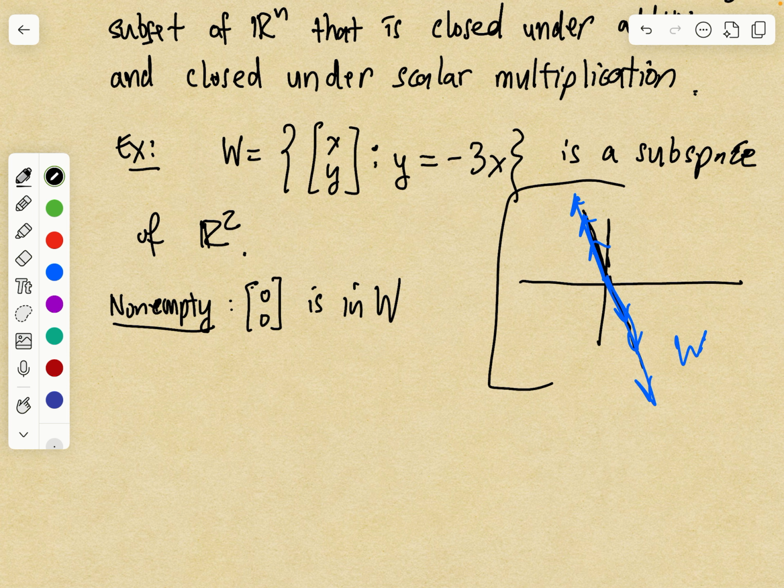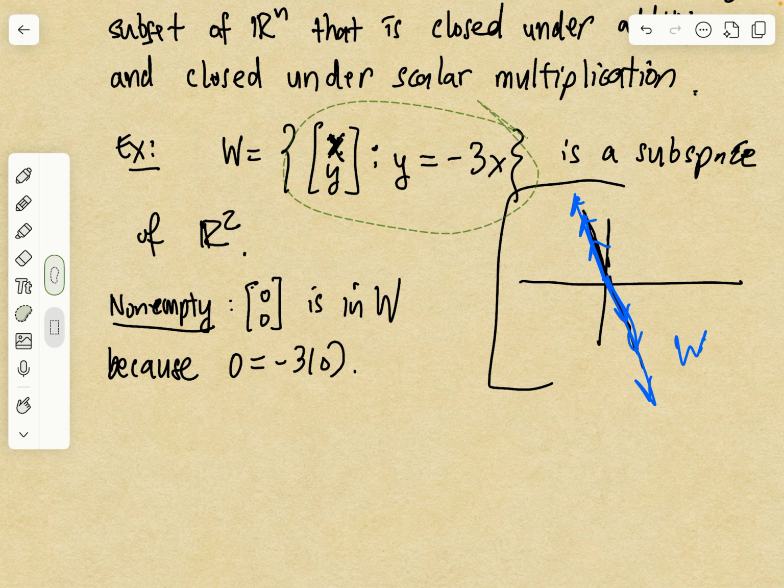How do we know (0, 0) is in W? Because 0 is equal to negative 3 times 0. Remember, part of the skills that you're learning when you're learning linear algebra is reading this notation. My notation is that x is the first component, y is the second component.